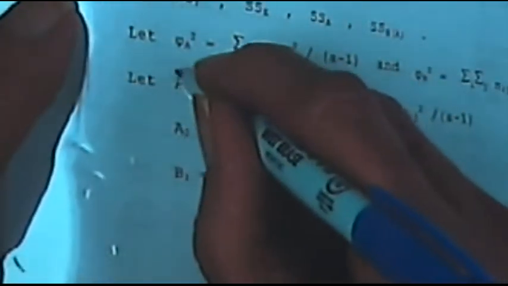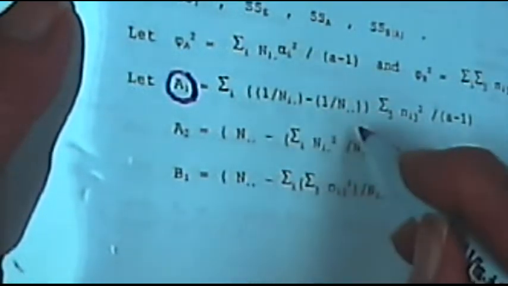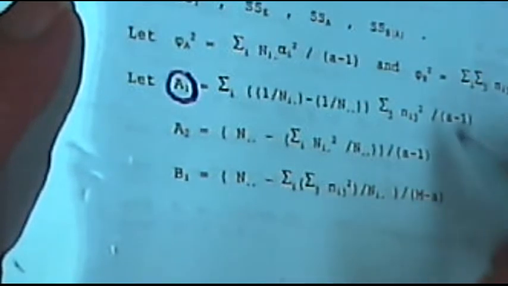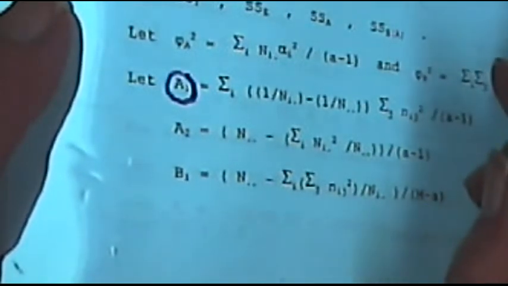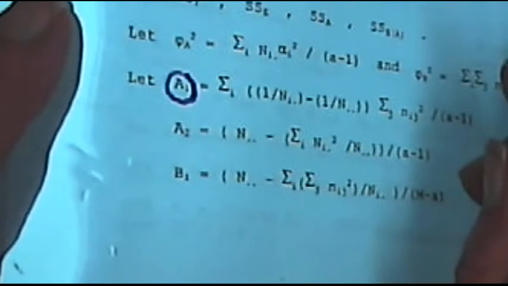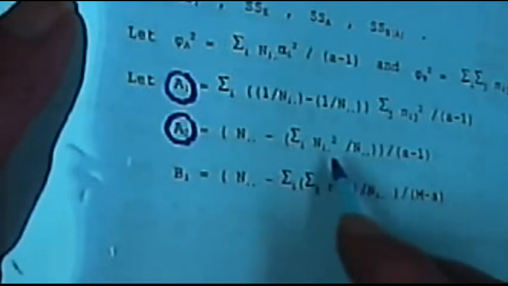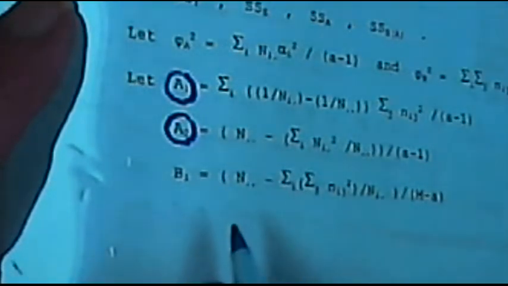I'm defining a constant A1 to be that. If you look at what's in here, it involves the sample sizes. It does not involve the data. Here's A2, and again it involves the sample sizes, not the data.